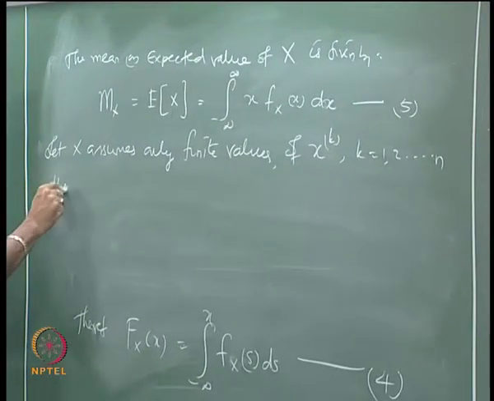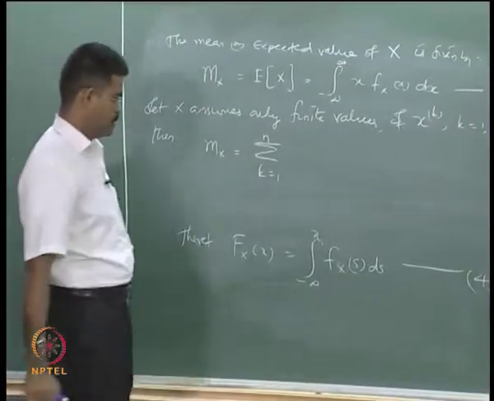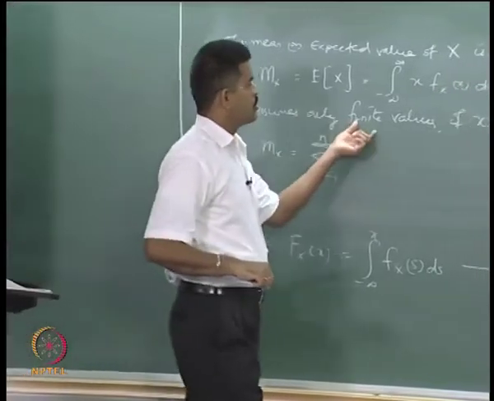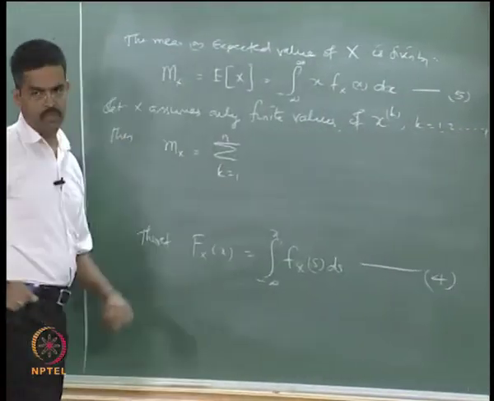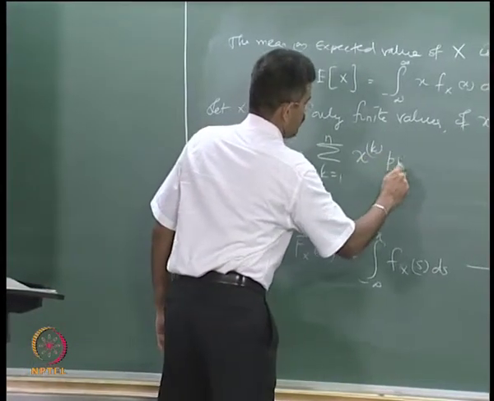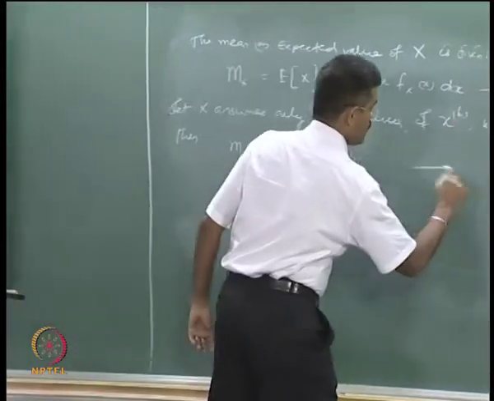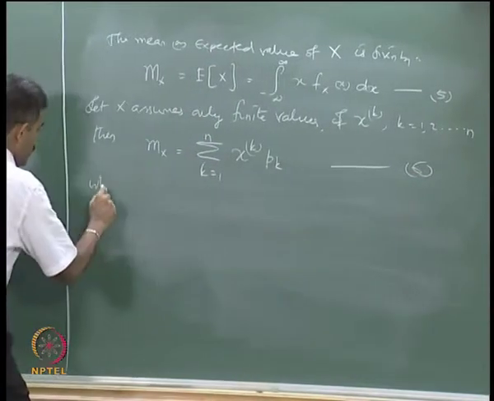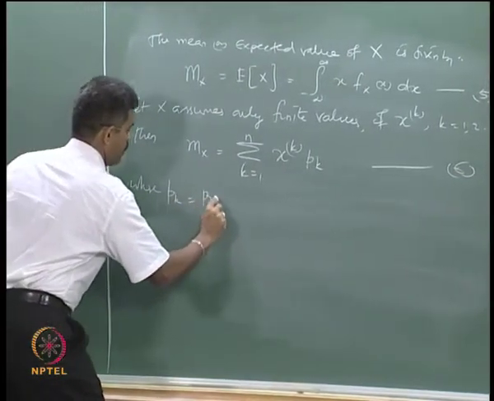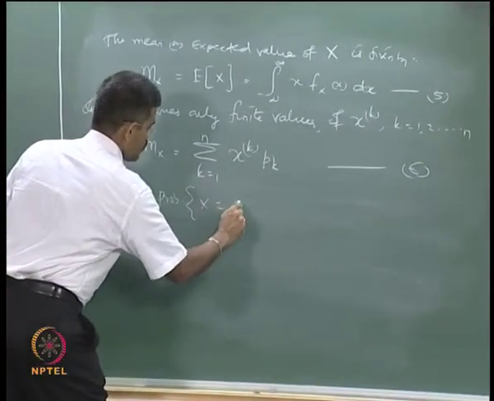Then the mean will now be given by the sum varying from 1, it is not going to be infinity, the realization is only till the value of n as a whole number or finite values, of x k times pk, where pk is the probability of x equals x k.